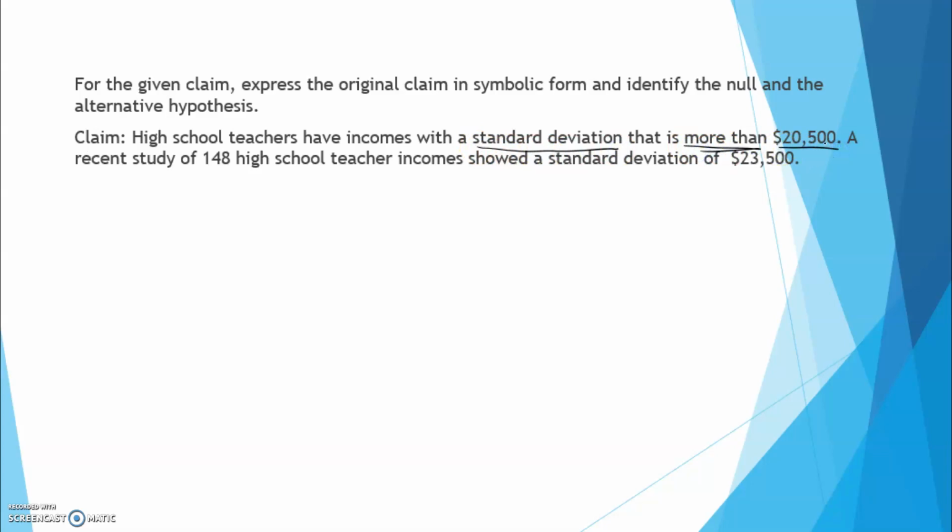A recent study of 148 high school teacher incomes show a standard deviation of 23,500. Okay, so my claim is about standard deviation. Remember, I've got to put it in a parameter, so I need the population standard deviation, or sigma, is more than, okay, greater than 20,500. That is step one.